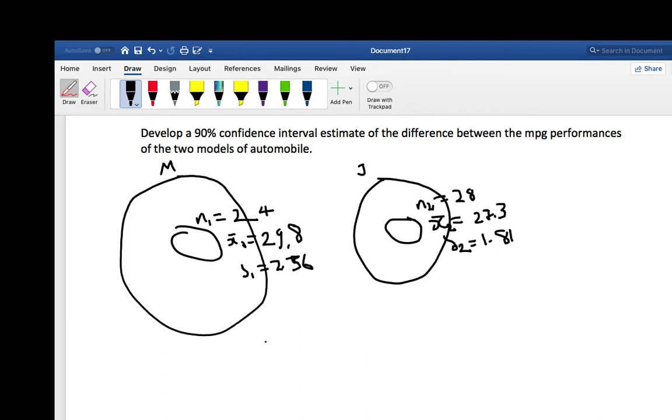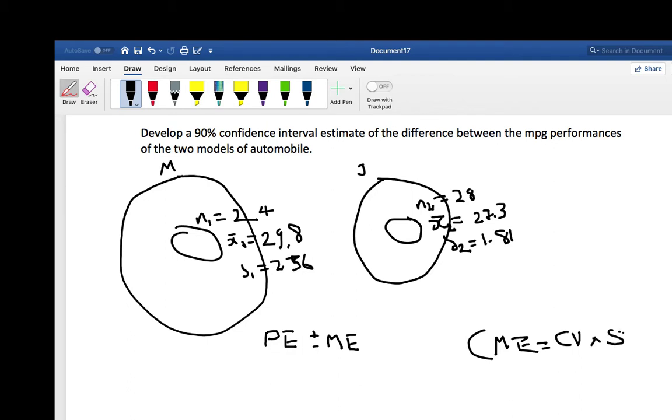If you remember, confidence intervals all have the same basic formula. It's the point estimate plus or minus the margin of error. This is standard for everything. And the margin of error is equal to the critical value, which could be a t critical value, times the standard error.